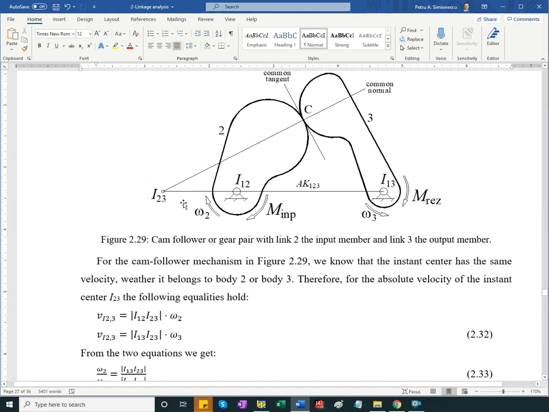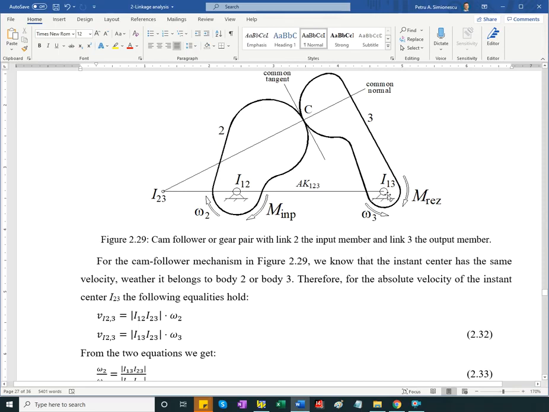I'm telling you at this point that I will need to flip the omega 3 arrow and yet again the resisting moment. Why? Because looking at the given input omega, that is omega 2 known, the velocity of I23 will be upwards, perpendicular and up.